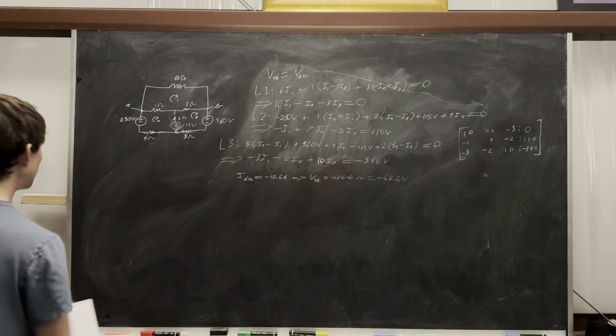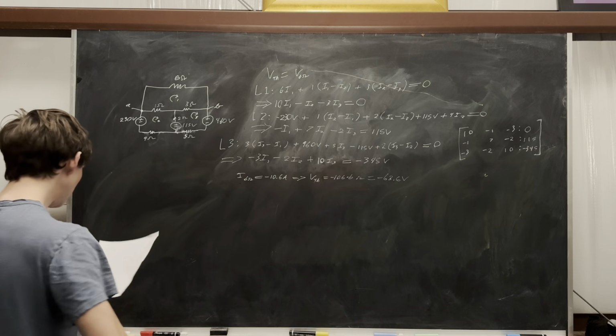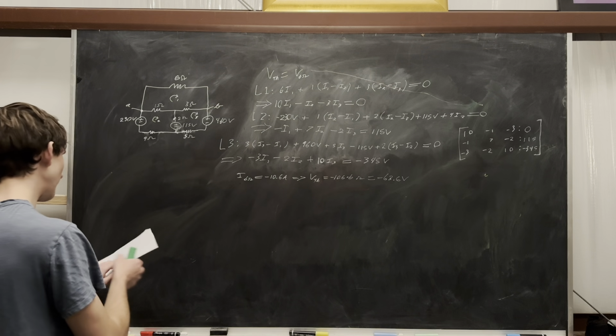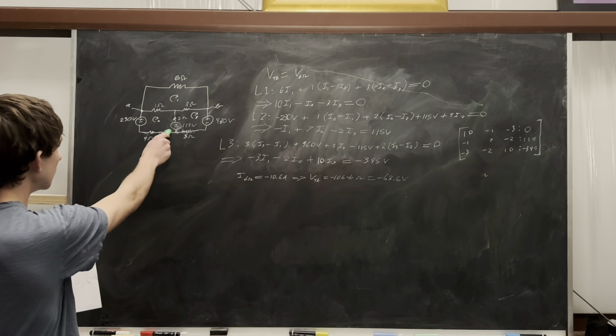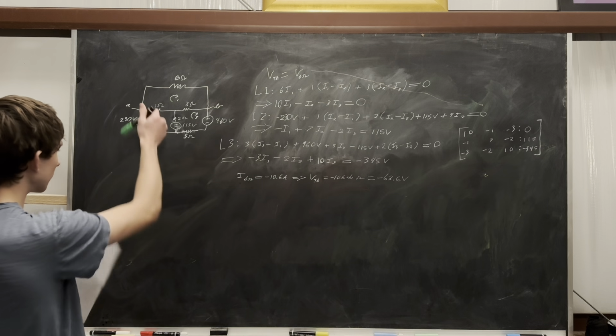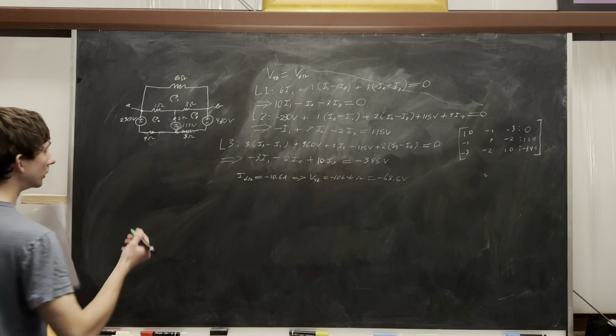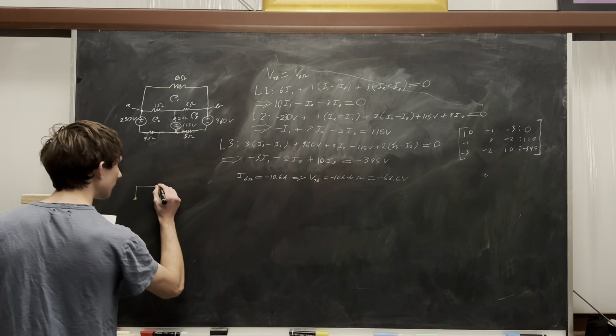So we found V Thevenin, we need to find R Thevenin. The way I approached this was to just short out all these voltage sources and calculate it directly by simplifying the circuit. So if we redraw the circuit, those shorted, we get this.